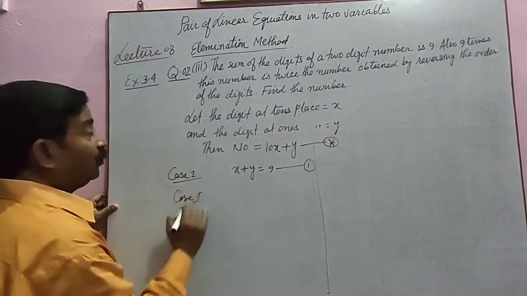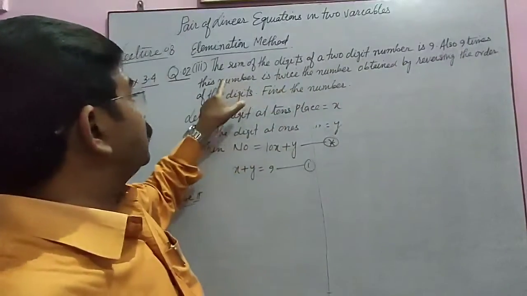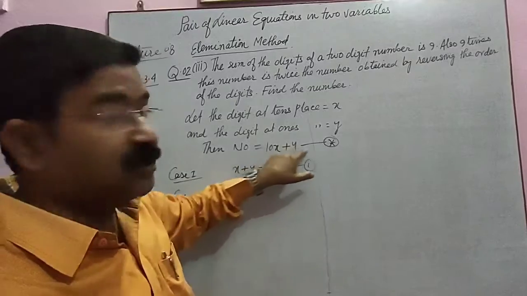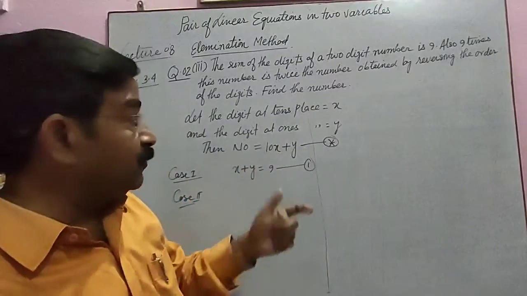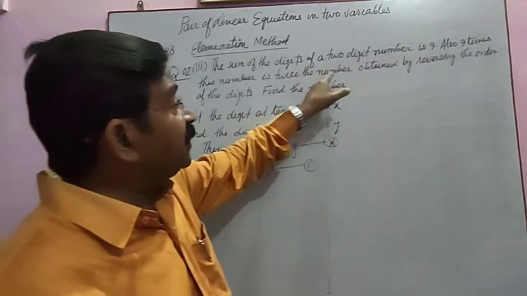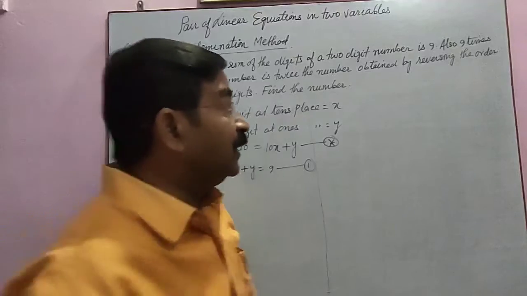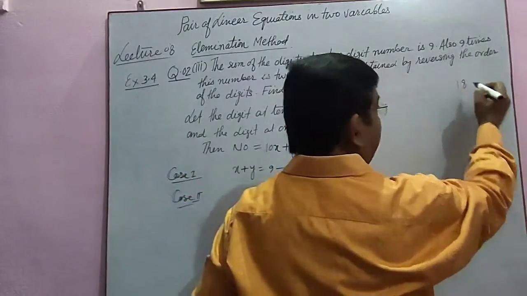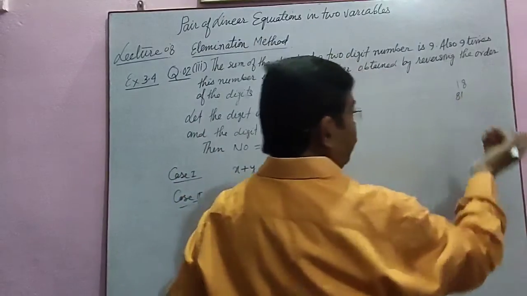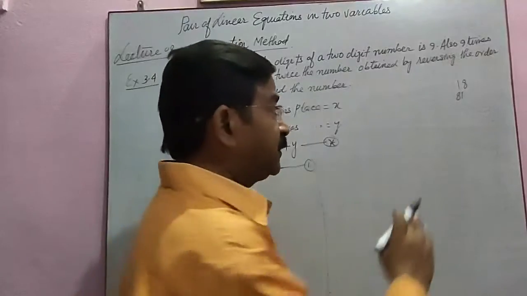Now the second case. What is given? 9 times this number, the number we have assumed, is twice the number obtained by reversing the order of digits. Means if the number is 18, reversing the digits gives 81: tens place comes to ones place and ones place comes to tens place.